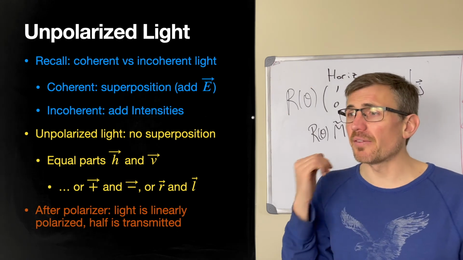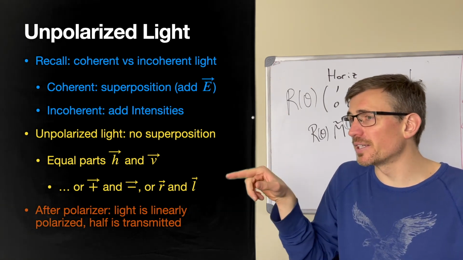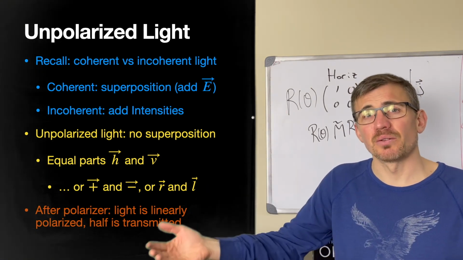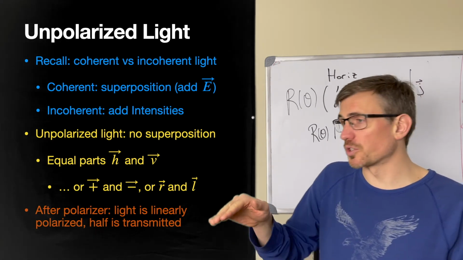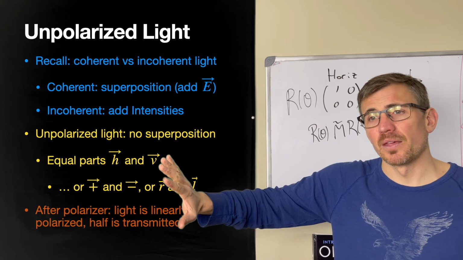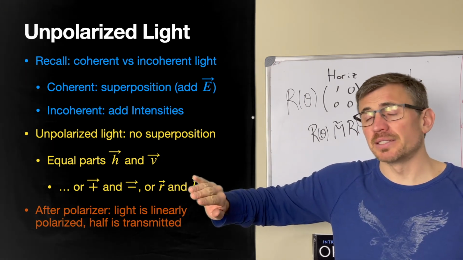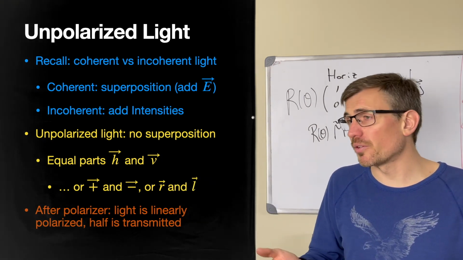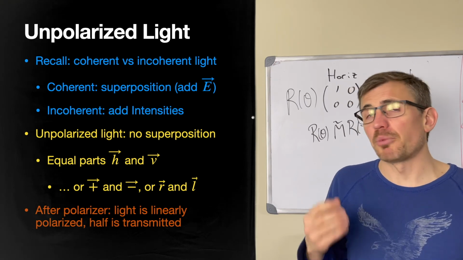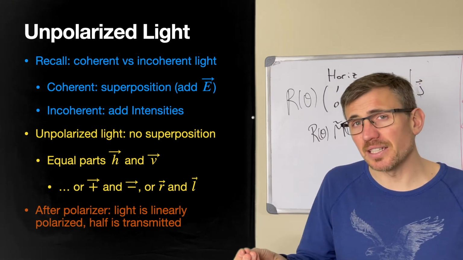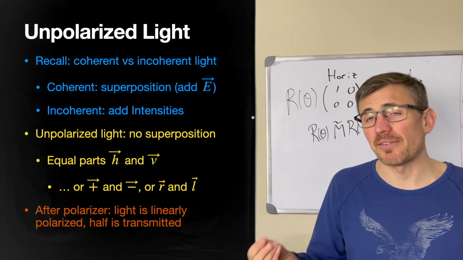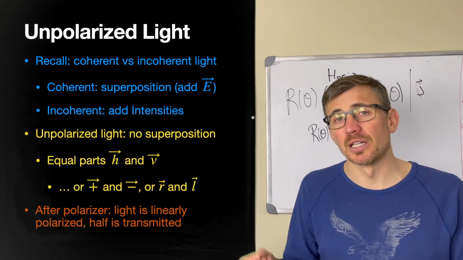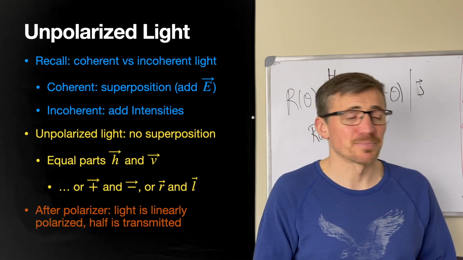Every time the light was randomly polarized along the vertical direction, we've taken it out. When it was randomly polarized along the horizontal, we've sent it through. And what we get that comes through is polarized light. Whether or not it's coherent or incoherent, a polarizer is going to remove half the intensity and it will now be polarized. Afterwards, it's going to be perfectly polarized. So let's have a look at that as well.